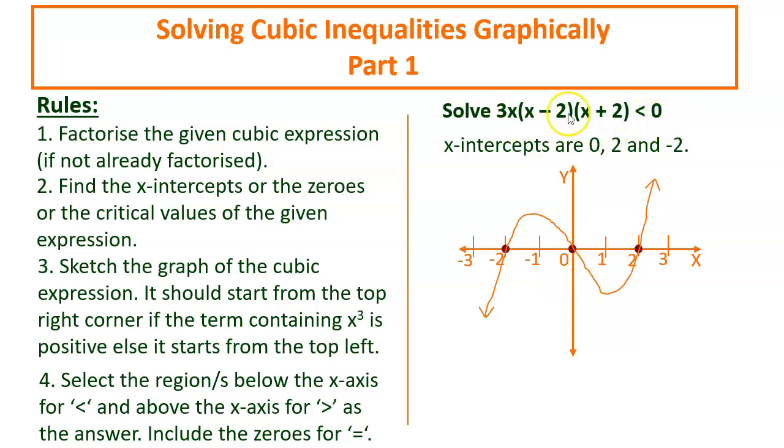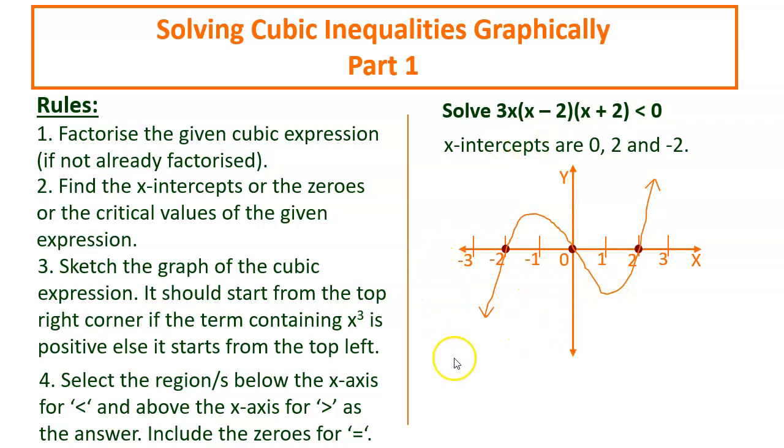I should not be using the word function because I have not done any video session on function. I may call it the expression, or the polynomial. The polynomial value or the expression value is a negative number for these two regions. So these two regions will be included in the solution set of x.